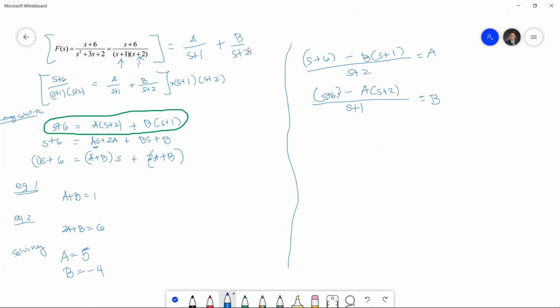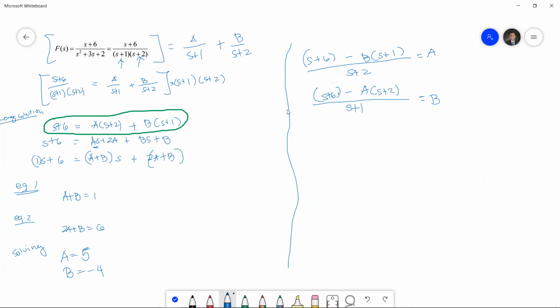Ngayon, ang ginagawa nila, you will set a value of S. Okay? You set any value of S to solve for the solution. So, ako, kung ang gagawin ko, set ako ng value of S. Kung in solving A, set ako ng value of S na magbibigay sa akin ng 0 yung term na to para makancel na si B. Para what we have left is one equation, one unknown na lang. Okay?